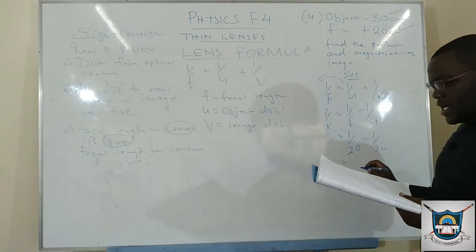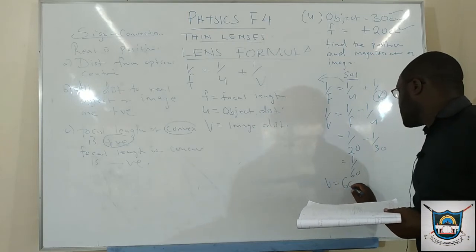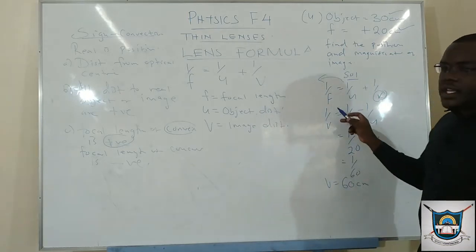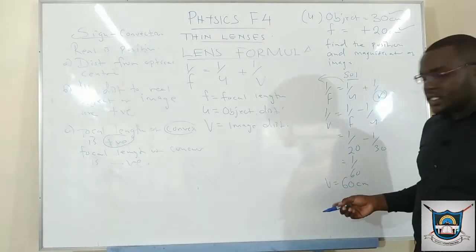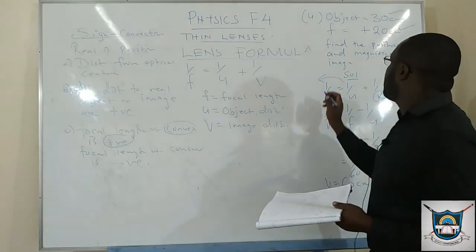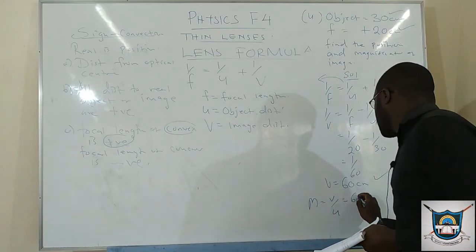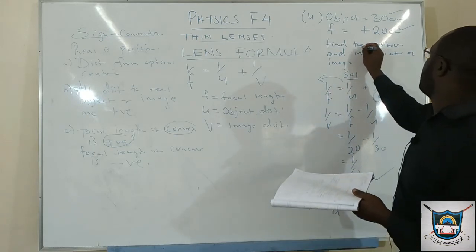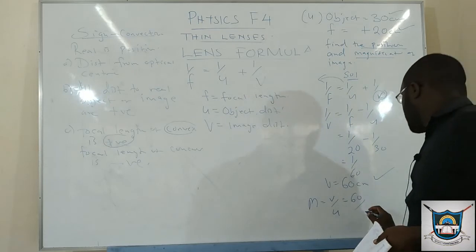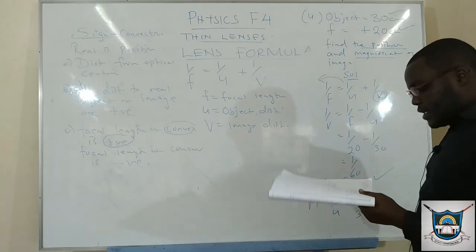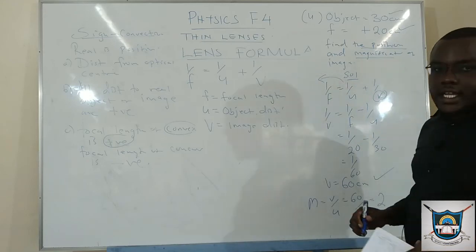That gives us 1 over 60, and therefore v is equal to 60 centimeters. Finally, the magnification is v over u. So 60 divided by 30 gives us 2, which means the image is enlarged.